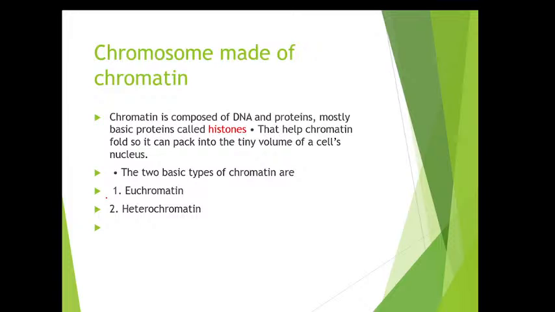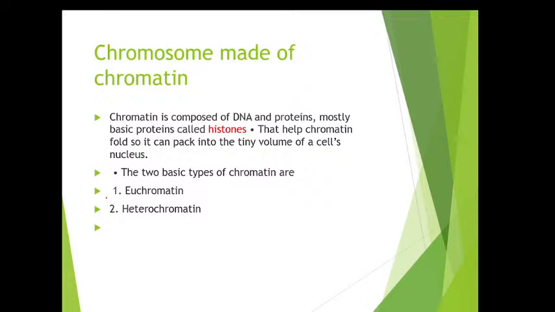Now, the chromatin remains highly extended or highly loose in the undividing cell. But after division, or during mitosis, the chromatin gets maximum condensation and remains in a condensed or compact condition.